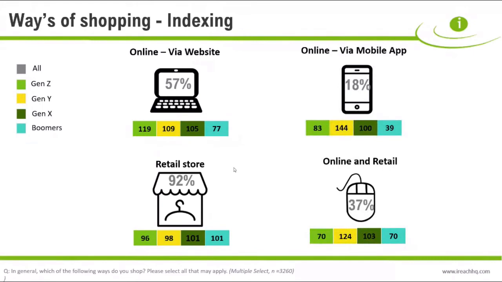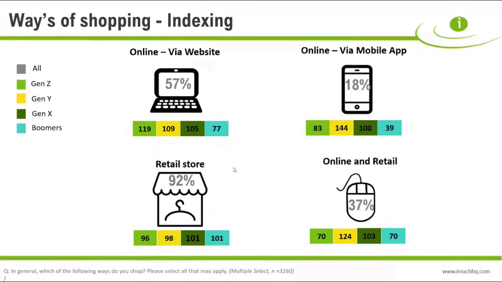Similar scores in terms of those who want to visit retail, slightly under indexing for Generation Z, slightly over indexing for X and Boomers. But when we look at actually mobile phone, which I think is really interesting, buying via mobile apps, it's actually quite low amongst the Generation Z, which you might think is at odds considering they've grown up with phones. But actually they're incredibly suspicious of a lot of online and phone activities. And also they may not have access to credit cards or debit cards as part of that engagement.